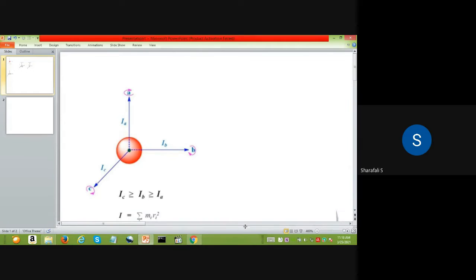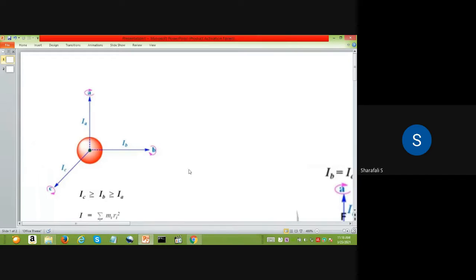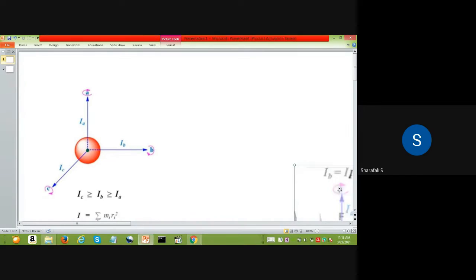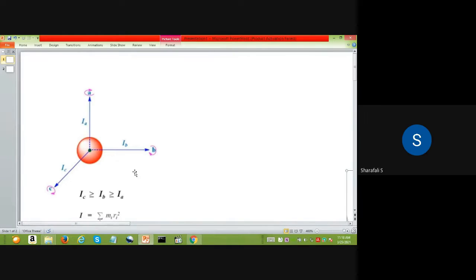So in the last class, we discussed the rotation of molecules. We will continue from that.